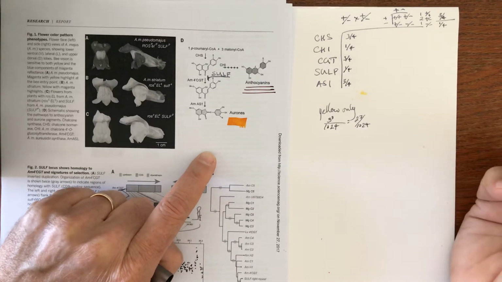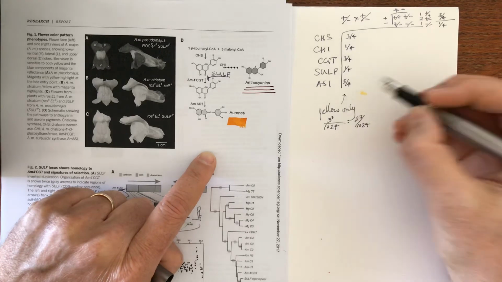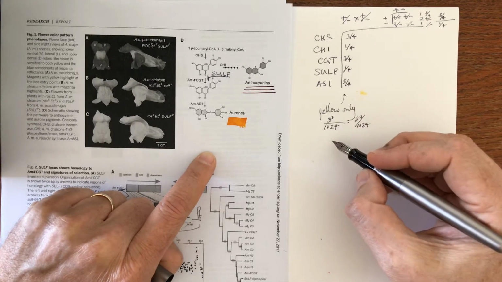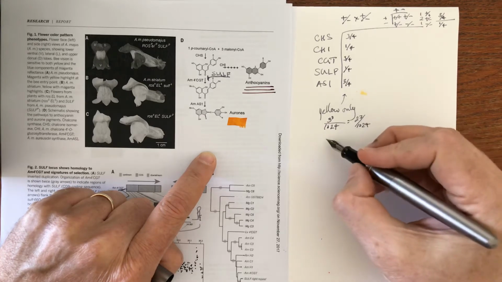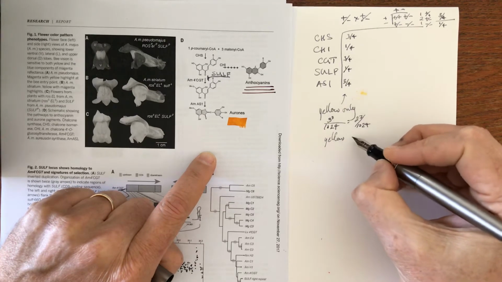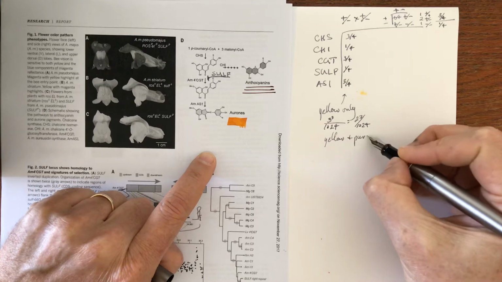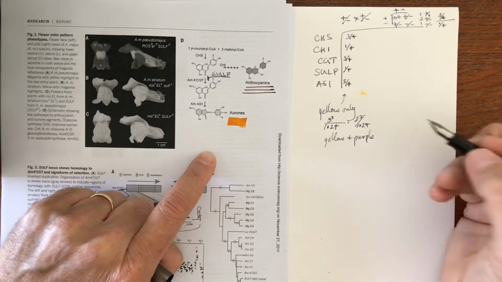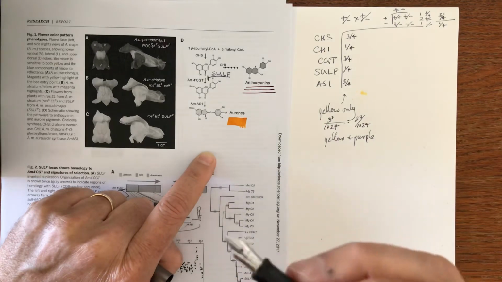Okay, so yellow, what other phenotypes are possible? That's yellow. What's the next one? The next easiest one is yellow and purple, right? It can make yellow and purple pigments, but we're not including things that must be white.